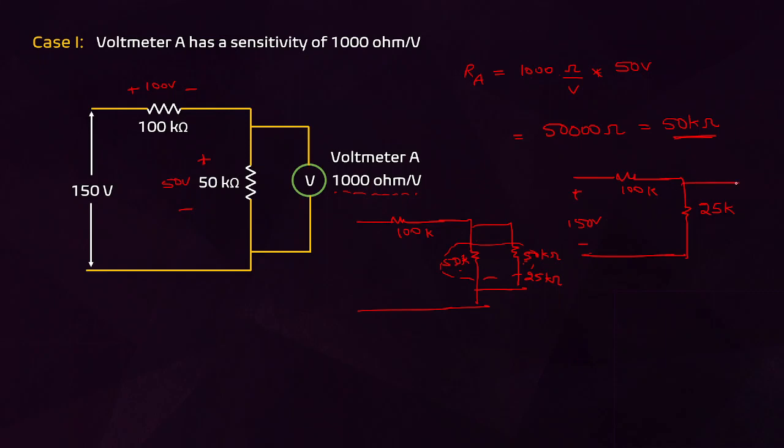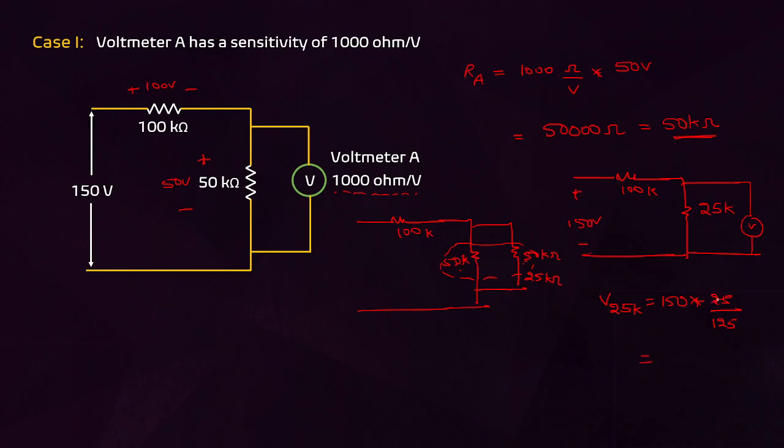Now what is the reading corresponding to this? The voltmeter is still there, and we simplified the internal resistance. Still the voltmeter is connected. Now if we find the voltage across 25k, what is the voltage? Total voltage into same branch resistance divided by total resistance, 125.